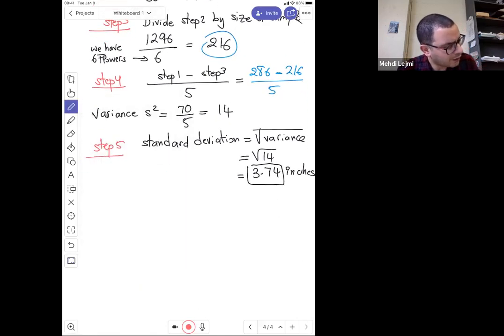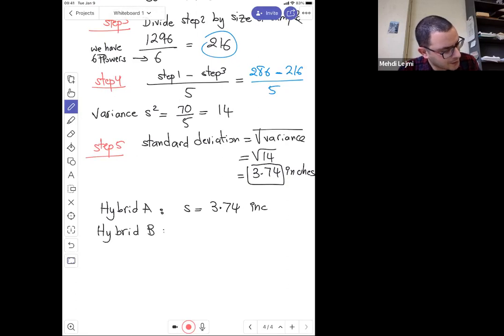So for hybrid A, we are saying the standard deviation S is 3.74 inches, and for hybrid B, the standard deviation should be 1.26 inches.